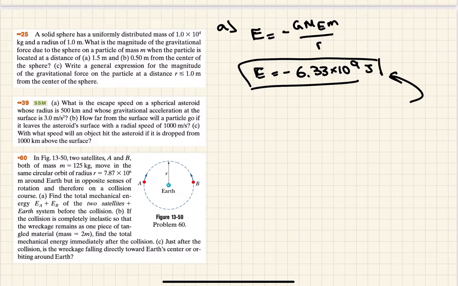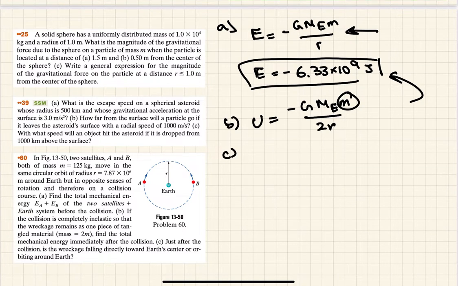Now, you could also do it because you know that the kinetic energies are going to be equal to 0 immediately after the collision because they're just wreckage now. It remains as one piece. So it has no kinetic energy at the moment. And so now you just have to combine the masses and solve for potential energy. We know potential energy is negative G m E m over 2r because it's the formula. That's the energy at the orbit. And now we know mass is twice as much as it used to be because the two satellites are now one piece. And so you can cancel off. You get the same equation as here, and you get the energy that we got before.